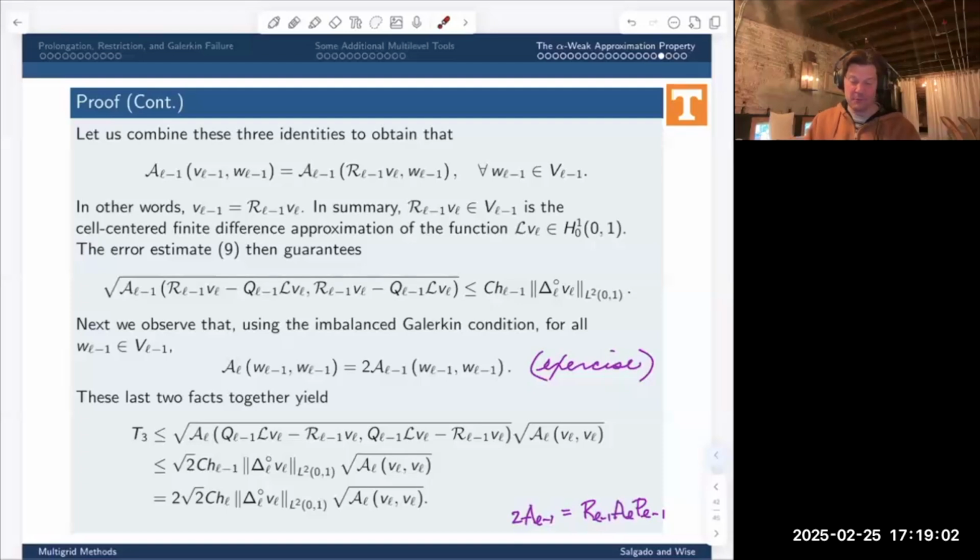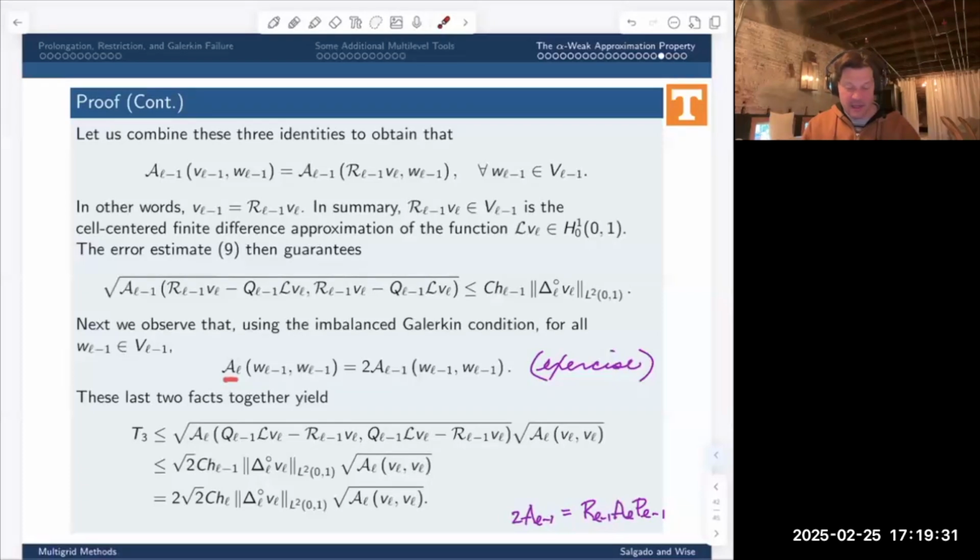All right, so now what do I have? Whenever I use the triangle inequality on T3, I get this object, which isn't quite this object here. This is from my error estimate, and that's the argument that I gave here. The error estimates lead to this. But what I can do is, instead of using AL, I want to switch to AL minus 1.